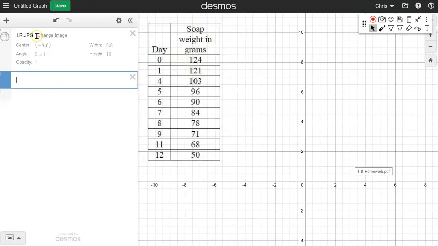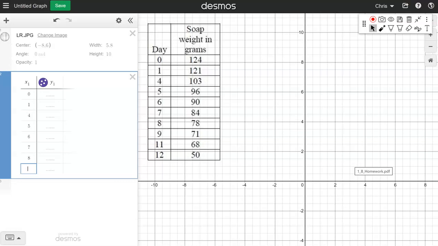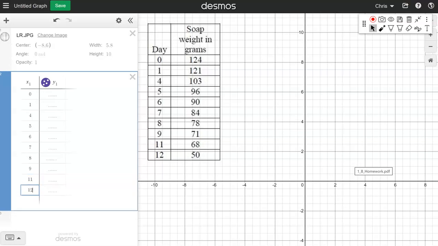How to enter this data again? Remember from our last activity, click on the plus button here, then hit table, and we just have to enter the data. So day, which is your x values: 0, 1, 2, 4, 5, 6, 7, 8, 9, 11, and 12.